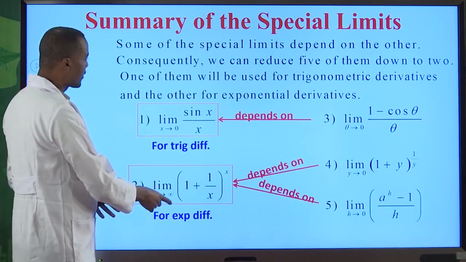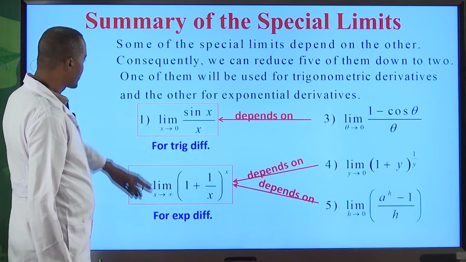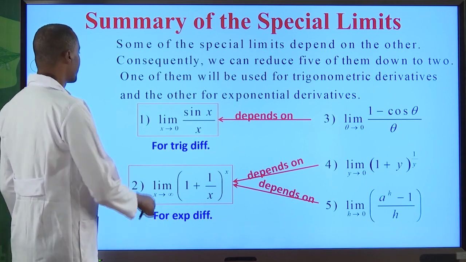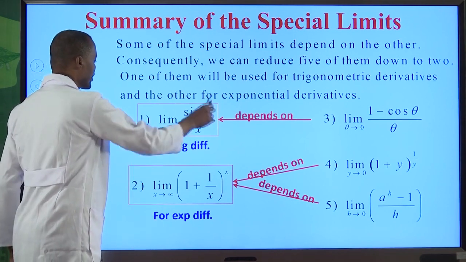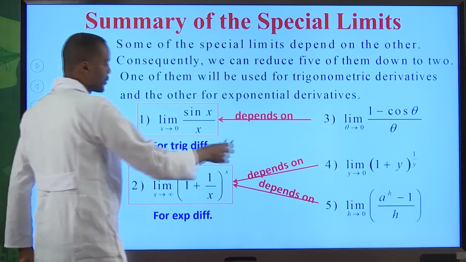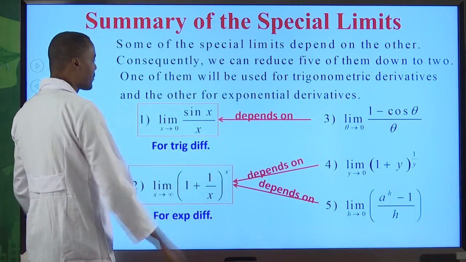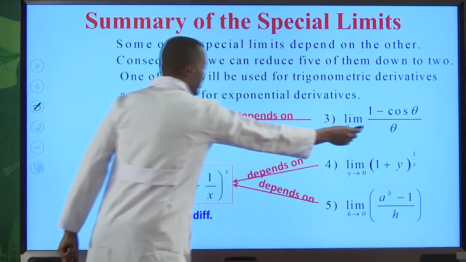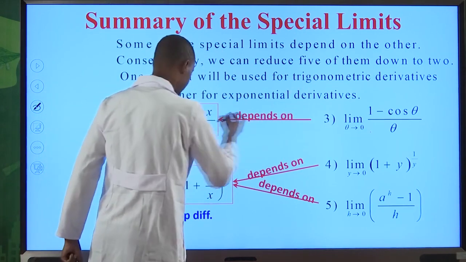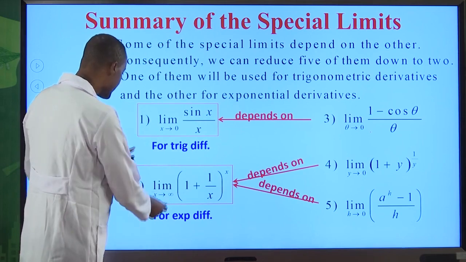So as a summary, we can deduce that the first special limit, limit of sine x over x, has some link with this one, because once we are given this one with some mathematical arguments, we can derive this one from this one. So that one is dependent on this one.